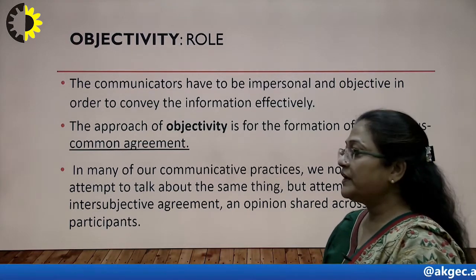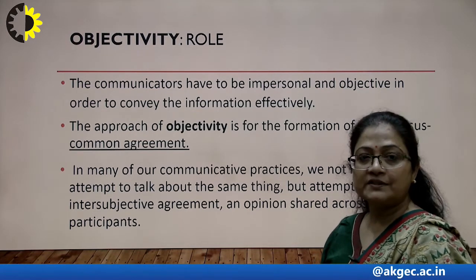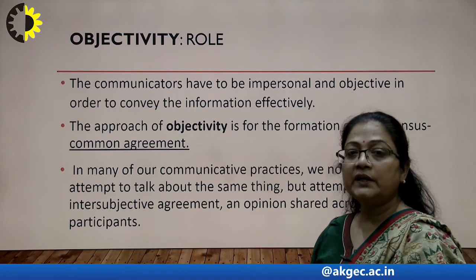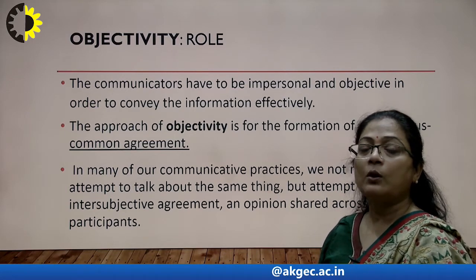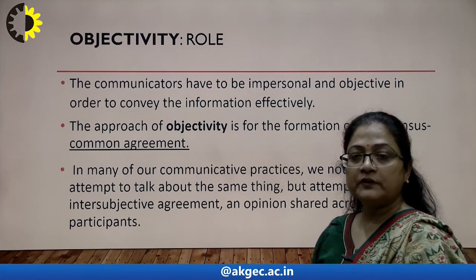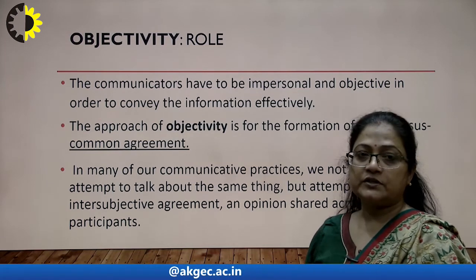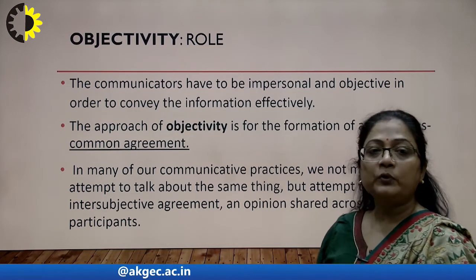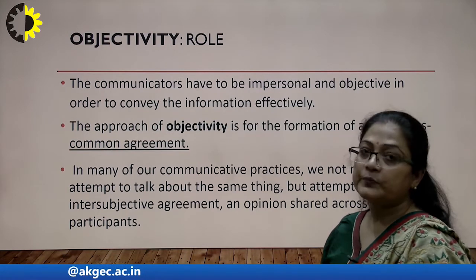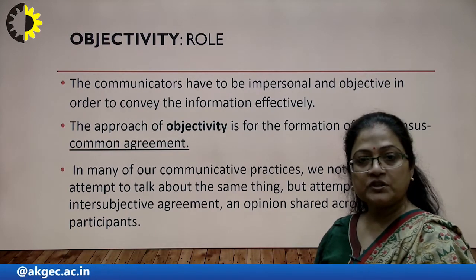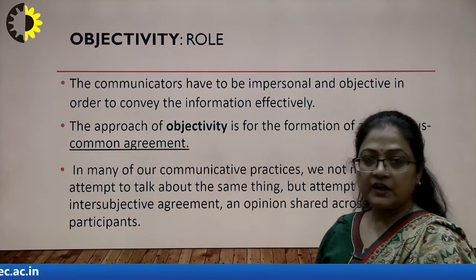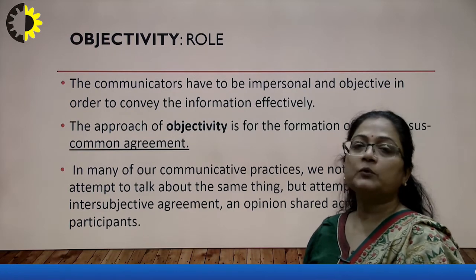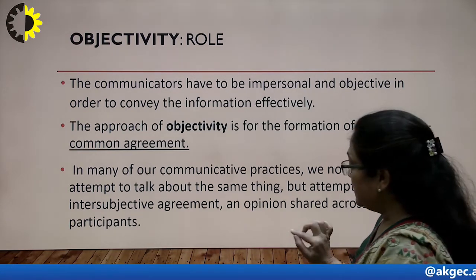Okay. So, we have to create a common understanding, a common opinion which is shared across all the participants of the act of communication. So, we want to create a common opinion, so we should be objective. If we ignore this approach, then it will be difficult to reach some common agreement.